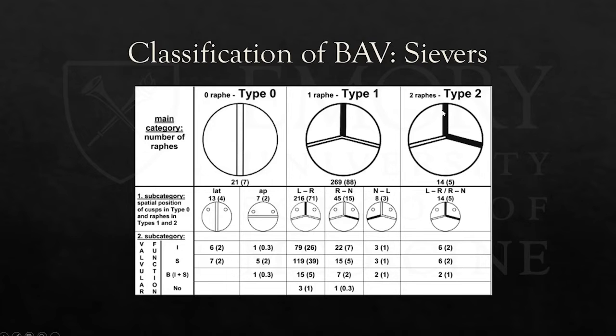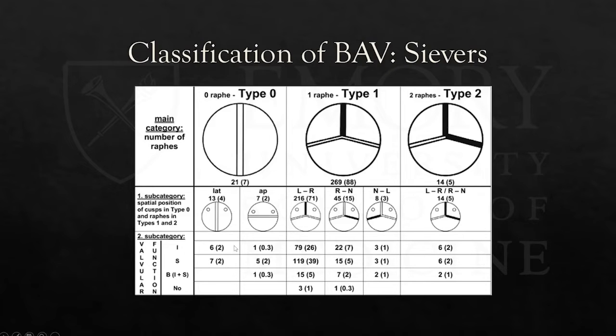And then in a Sievers type 2, there are two fused raphe. Again, these are less common than the type 1s, but oftentimes these are associated with a high degree of aneurysmal formation, which we think is due to the turbulence of the flow through the valve, and it can affect the root all the way up to the arch.